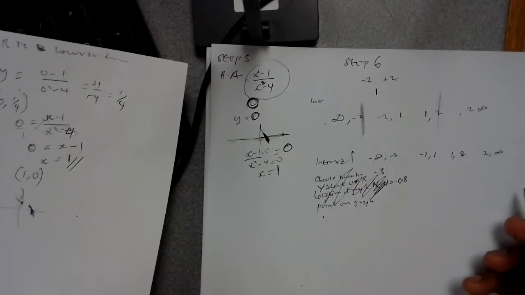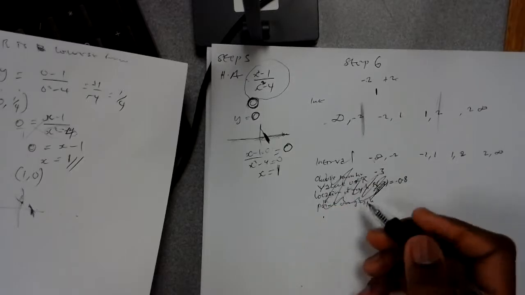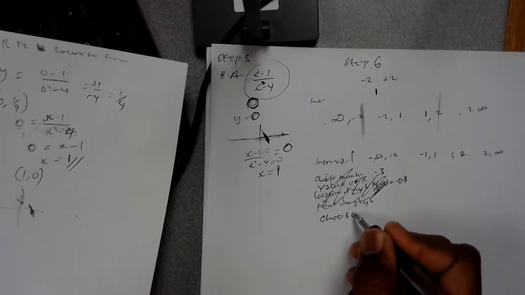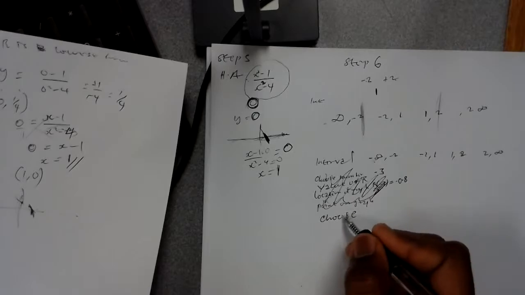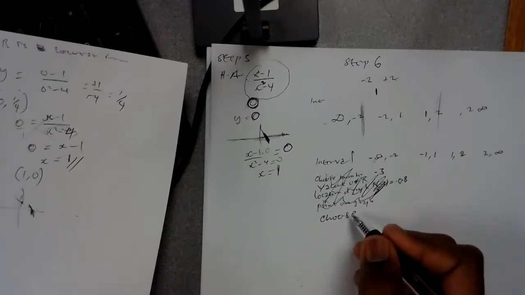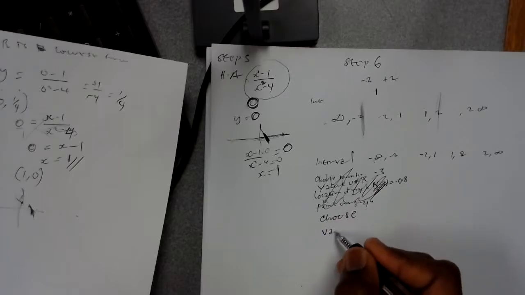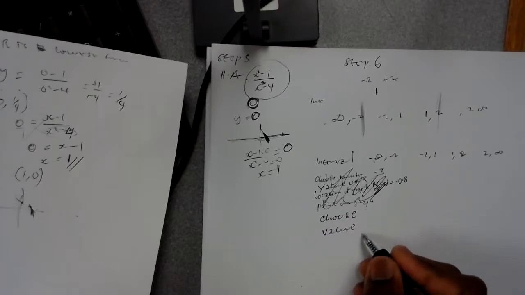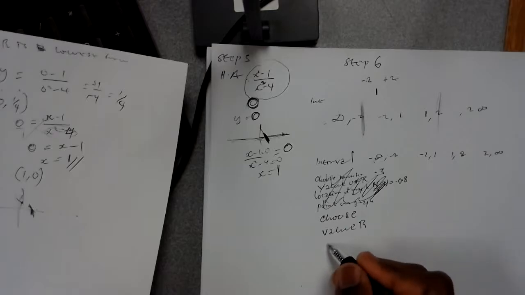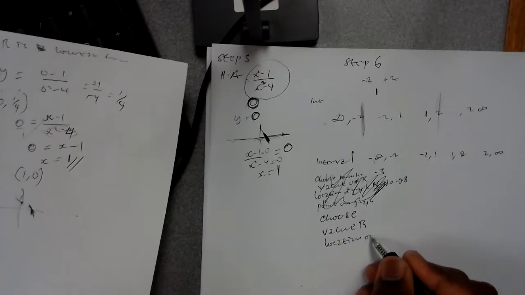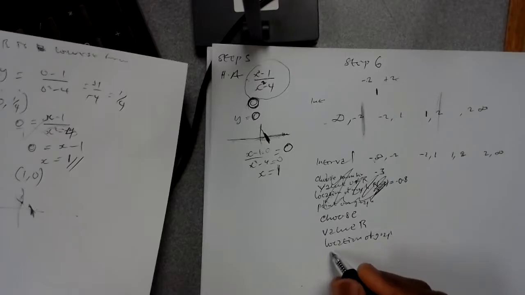The interval I already have on top. After the interval, the next one is choose any number. After that, the next one is value of r. That's what I didn't have here, so I'm going to put it here: value of r, location of graph, point on graph.